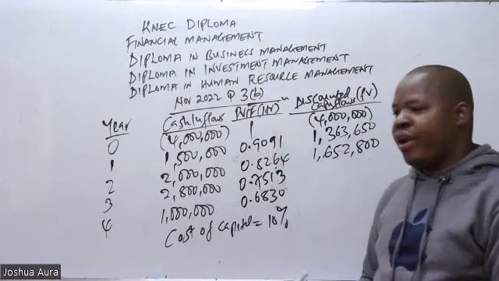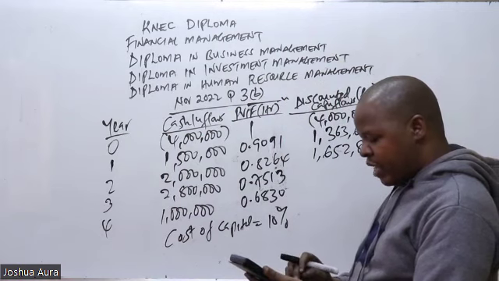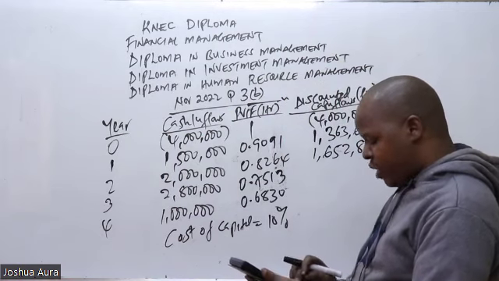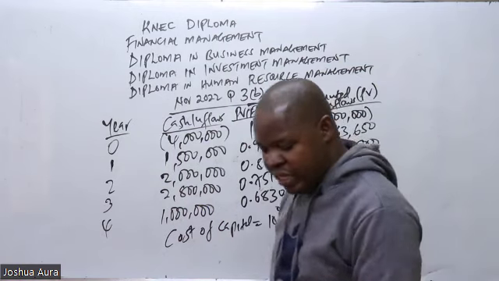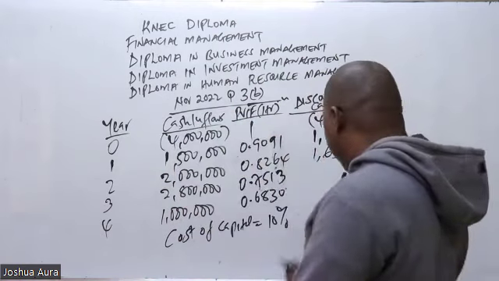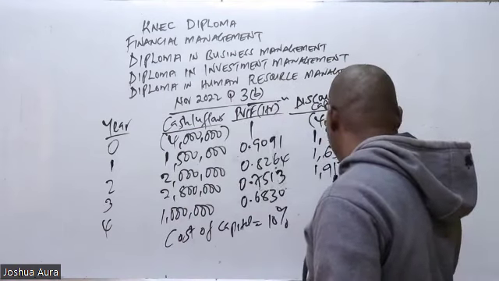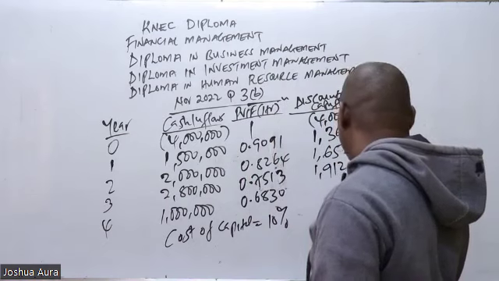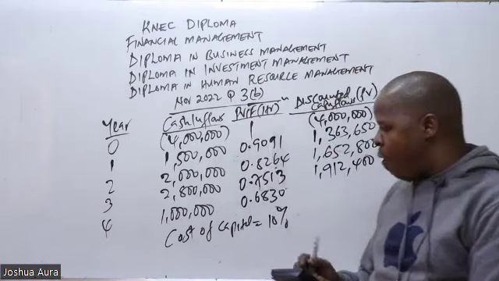You will take 2,800,000 times 0.6830. What are you getting? 1,912,400. And what about the last year, which is year 4?